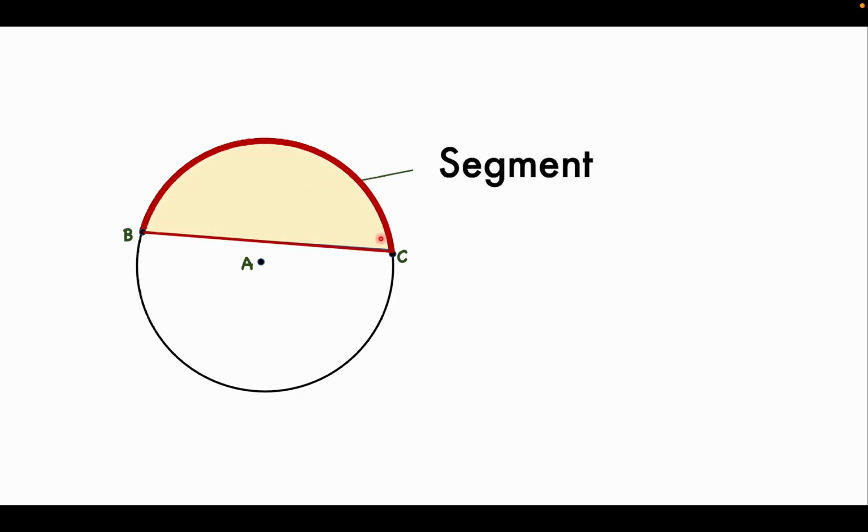And then, if you remember kanina sa chord, it is a line connecting 2 points on the circumference. So, connecting point B to point C, di ba? So, this is a chord. And then there is an arc. Now, the area being covered by the arc and the chord is what we call a segment.